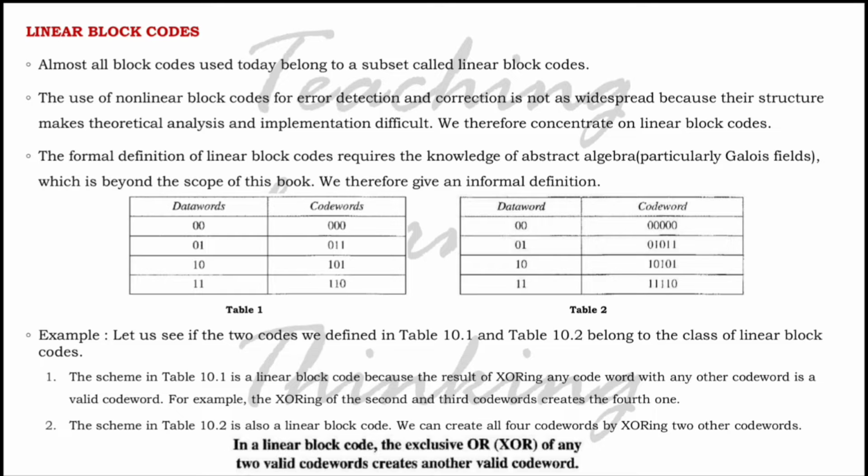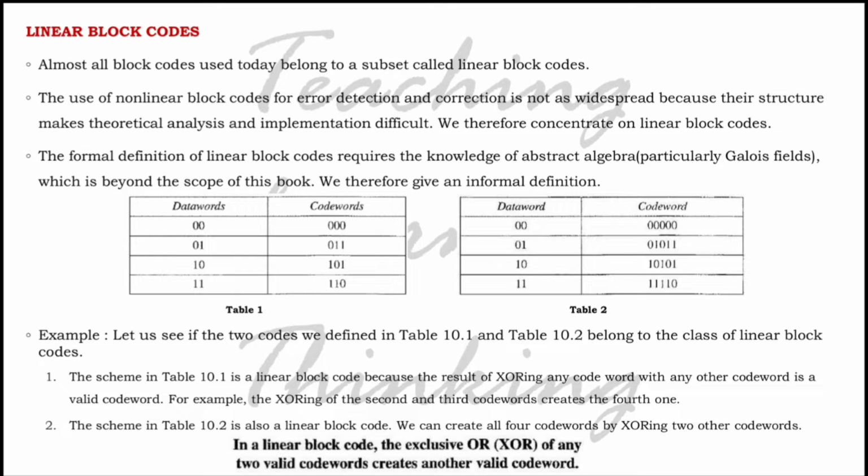The formal definition of linear block codes requires knowledge of abstract algebra, particularly Galois fields, which is beyond the scope of this reading. Therefore, we give an informal definition. You can see table 1 and table 2 with data words and code words.